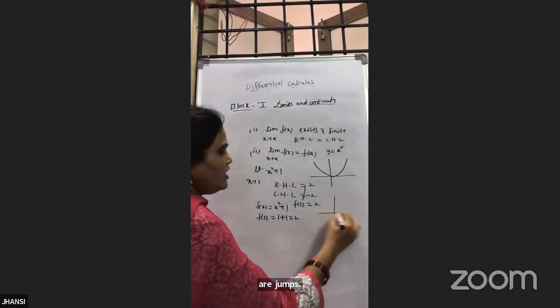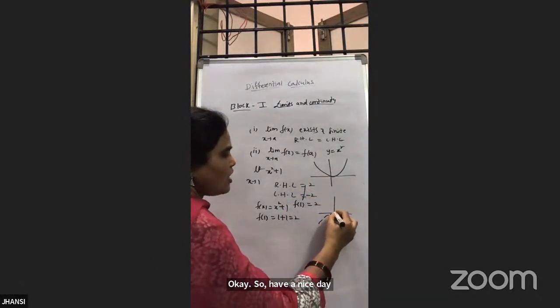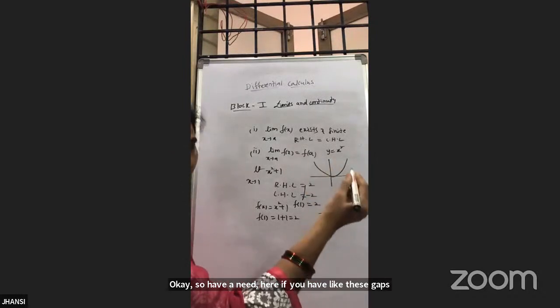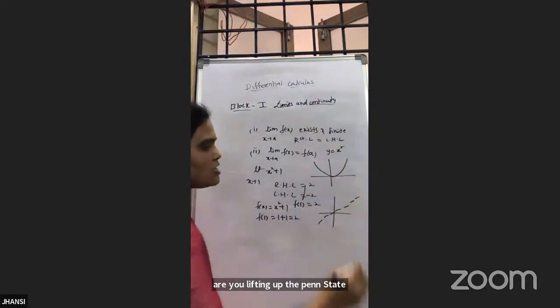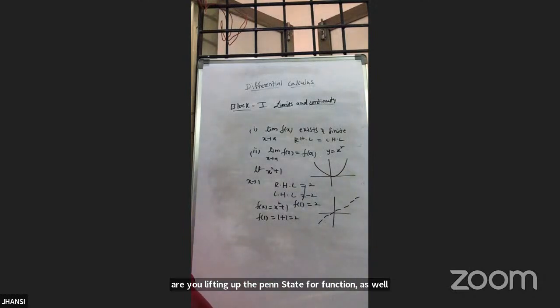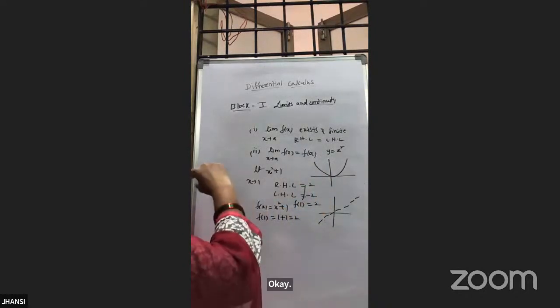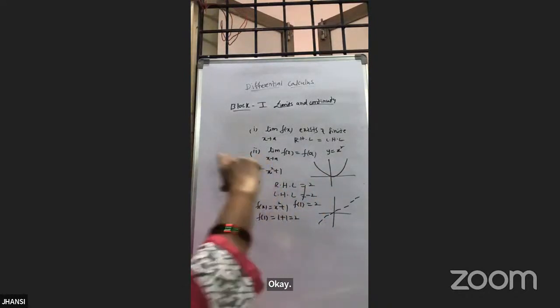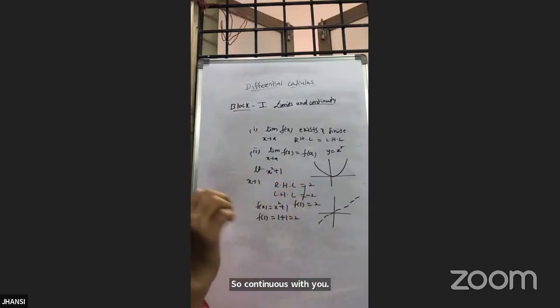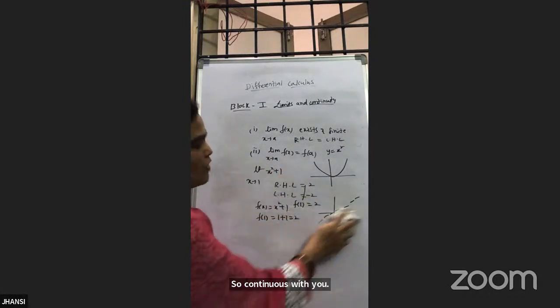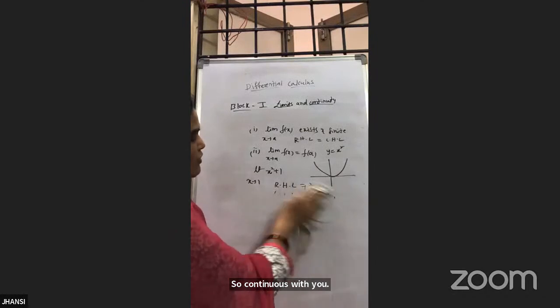If you have gaps or you lift the pen, such functions are called discontinuous functions, or removable discontinuity. So continuous means RHL, LHL and f of 1 should be the same, and only then is the function f of x called a continuous function.